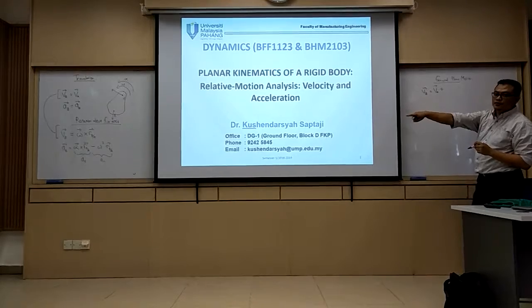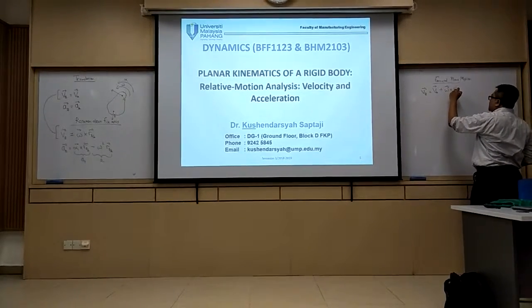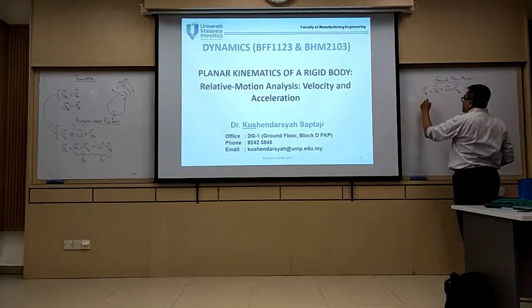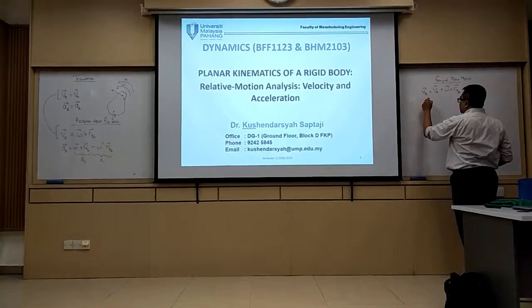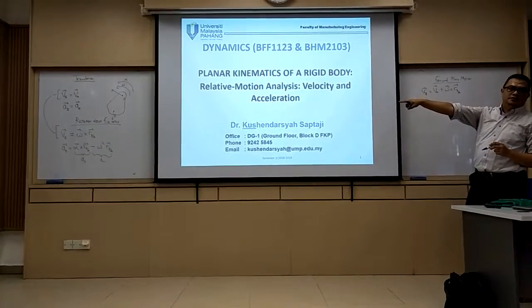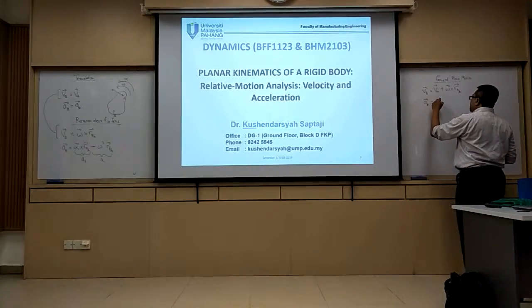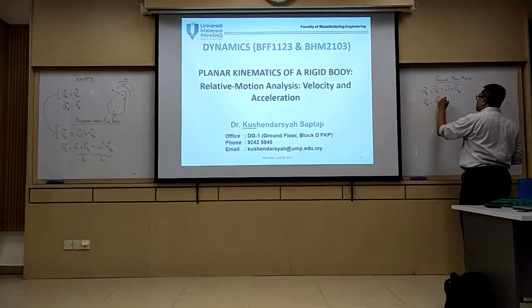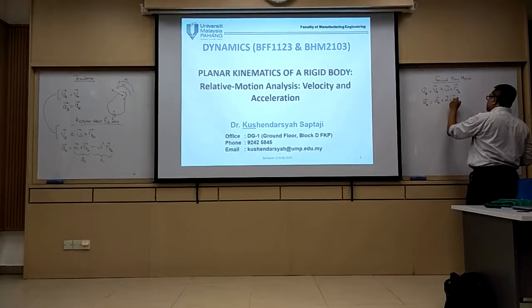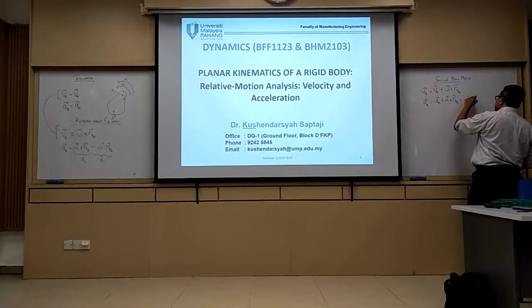Plus omega cross R_BA, don't forget the cross. And the acceleration: AB equals AA plus alpha cross R_BA minus omega squared R_BA.